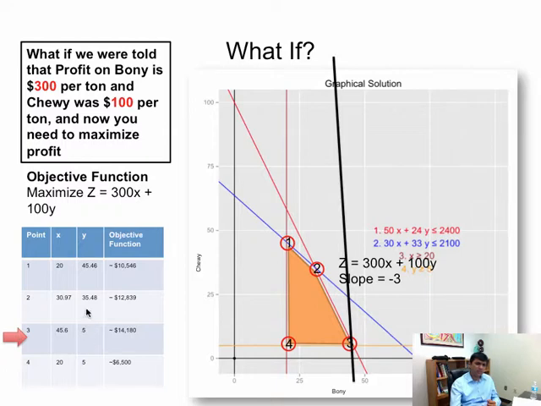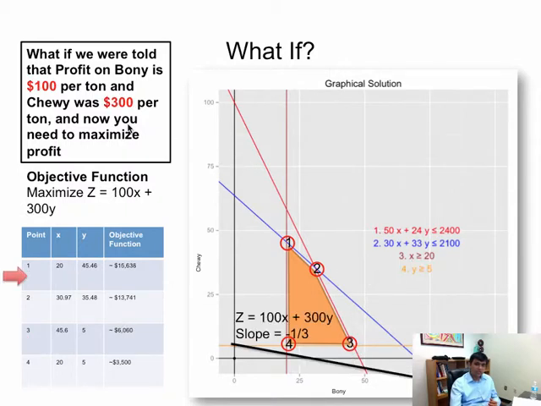Logically it also makes sense: we are making more profit on type X, so we should produce the most of type X. Remember, we have a minimum that we have to produce of Y, so we will produce the minimum, 5 tons.